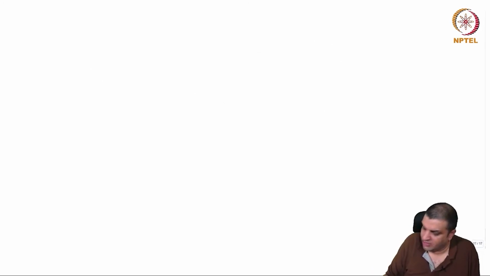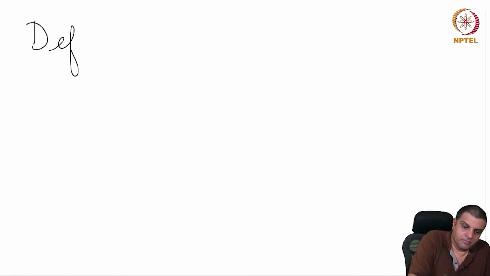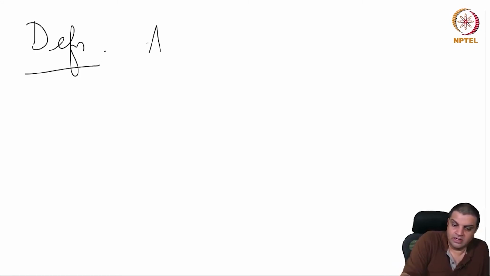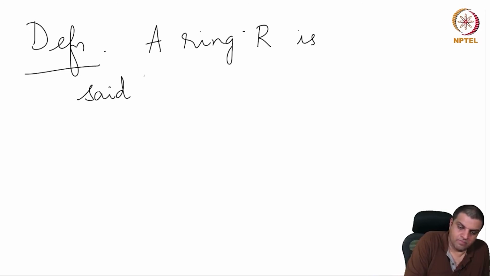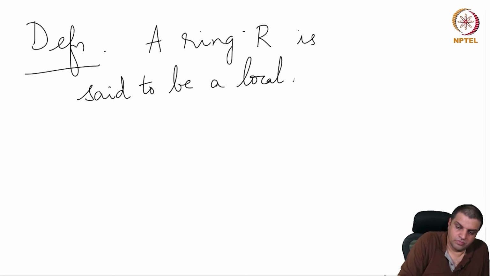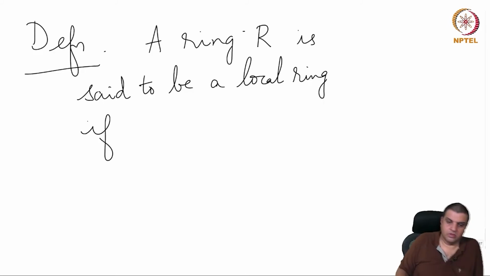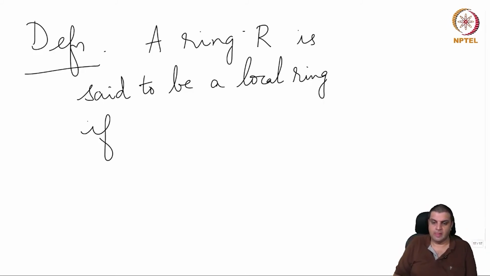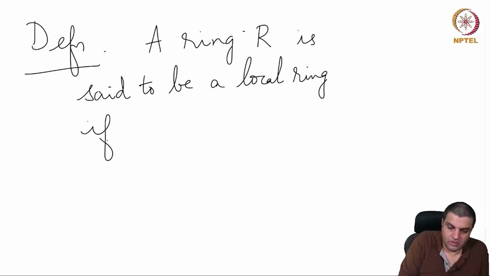So one more definition in this context. A ring is said to be a local ring if it has a unique maximal ideal.